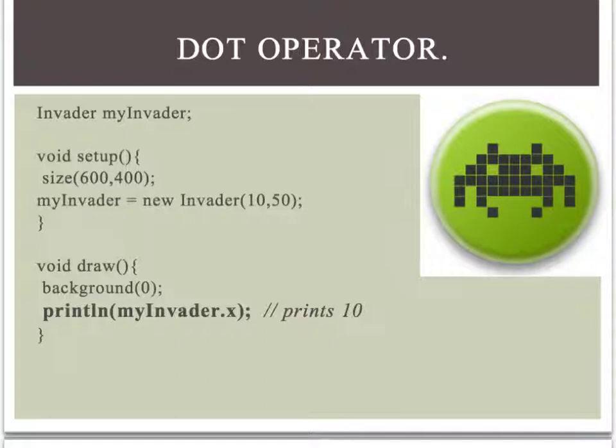You're seeing here in code the dot syntax for accessing the invader's properties as well. We can reach in and ask for what is this invader's x simply by saying, in this case, println(myInvader.x). That's used for both methods and properties.